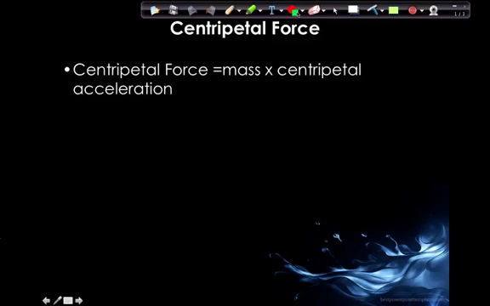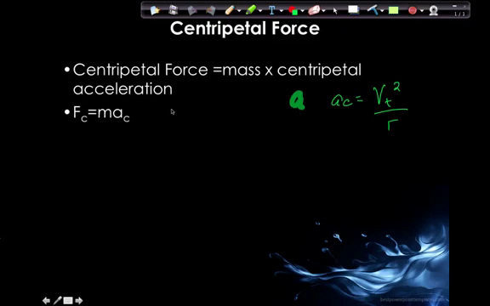Okay, so in order to get centripetal force, you're just going to take the mass and multiply it by the acceleration. Remember the little c, that's just centripetal. What you'll see sometimes is substitution. If you don't have a_c, you know that a_c is equal to v_t squared divided by my radius.